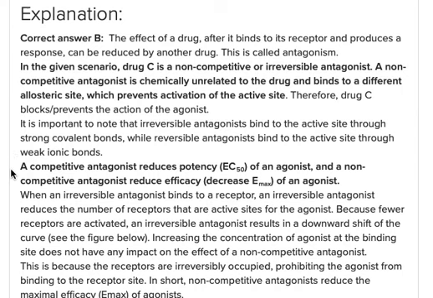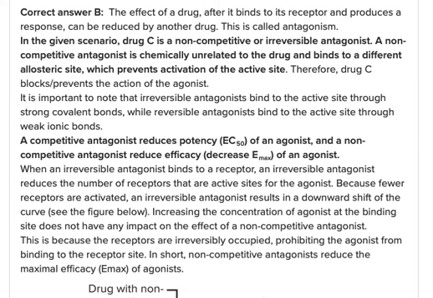A competitive antagonist reduces potency of an agonist, and a non-competitive antagonist reduces efficacy of agonist, where when an irreversible antagonist binds to a receptor, an irreversible antagonist reduces the number of receptors and active sites for the agonist.